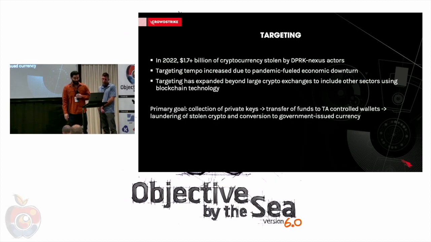Targeting. So in a recent report by Chainalysis, they said there was over $1.7 billion worth of cryptocurrency stolen just by DPRK operators last year. There's been a sharp uptick in the tempo of targeting cryptocurrency organizations since the pandemic.